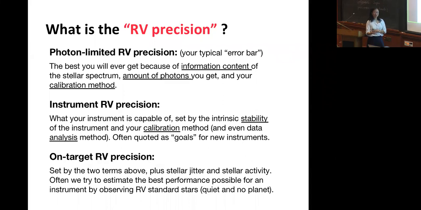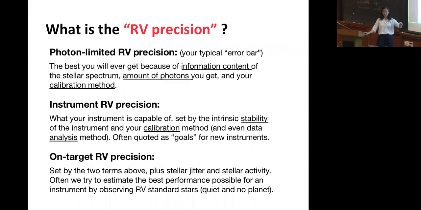Often when we try to calibrate our instrument and get an idea of how well our spectrograph is working, the true RV capability of our spectrograph, we try to get this on-target RV precision, but it's hard because stellar jitter is mingled in there. So what we try to do is we have a set of favorite RV standard stars that everybody in the field knows, like Tau Ceti, Sigma Draconis. There are a few targets like that we consider RV standards.